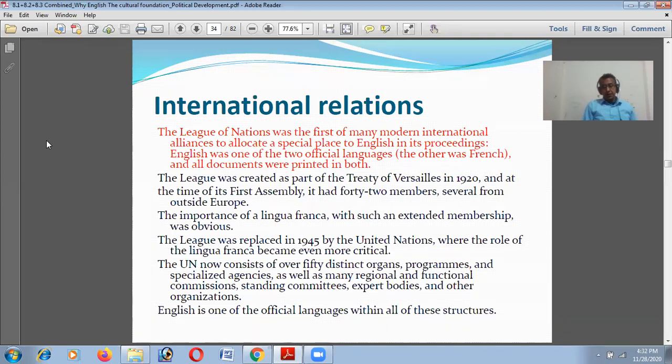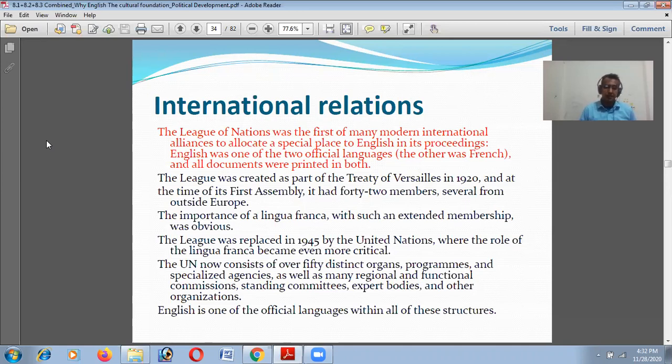So when the League of Nations was established in 1920 by the Treaty of Versailles, at that time 42 members were there.